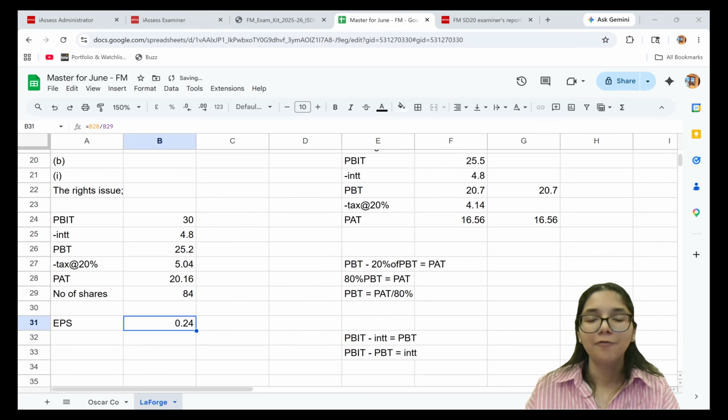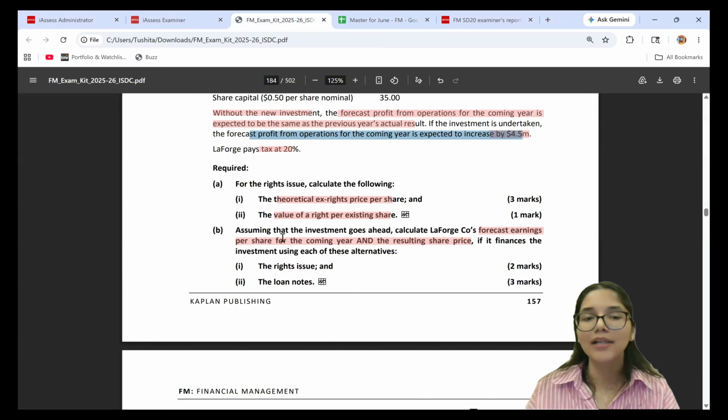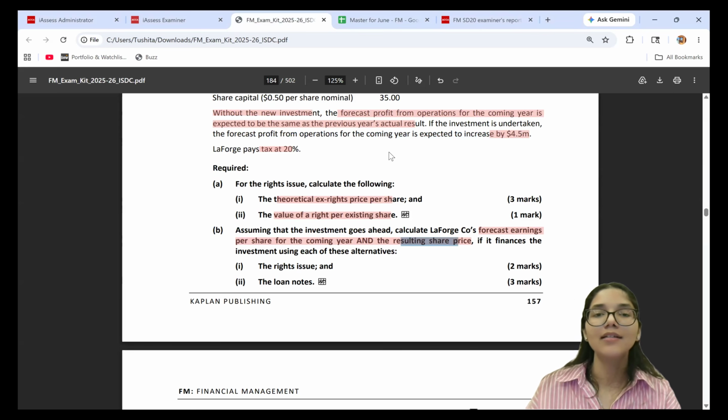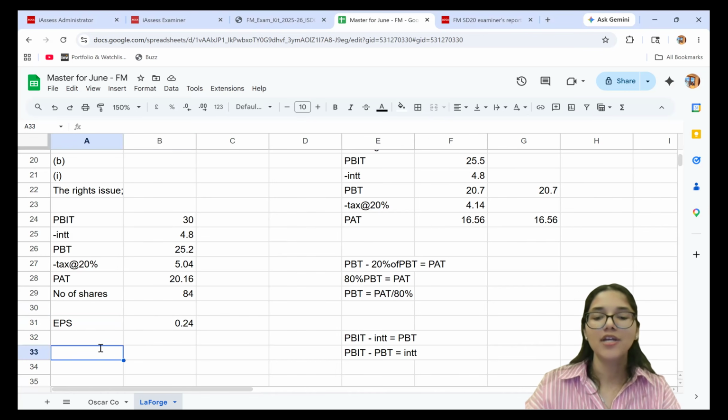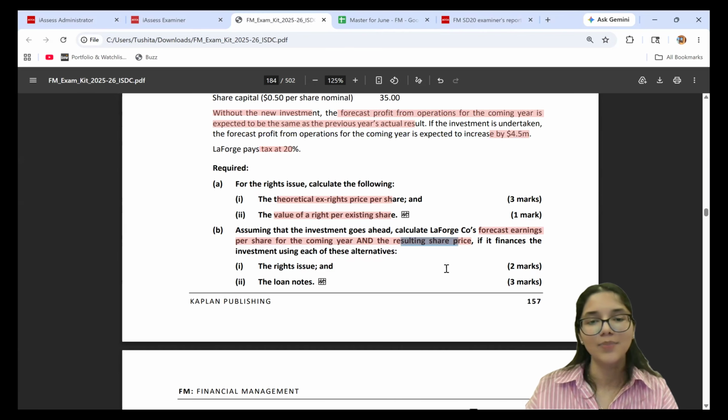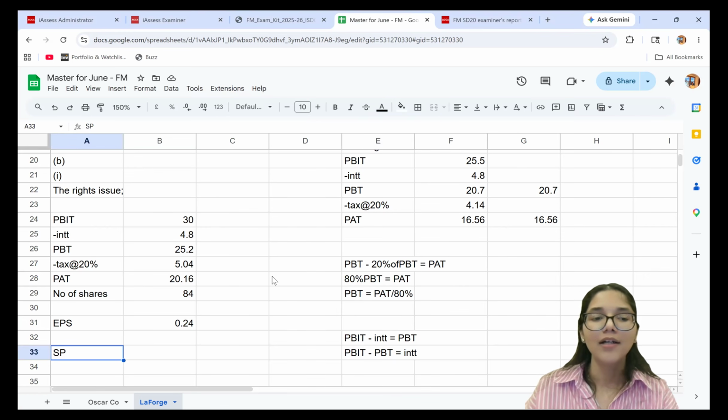Okay. Now, for this particular scenario, we were not just asked to calculate the earnings per share. We also have to calculate the resulting share price. So if my earnings have changed, then my share price will also change. For the calculation of the share price, the PE ratio has been given to me. I've learned that share price equals EPS multiplied by the PE ratio.